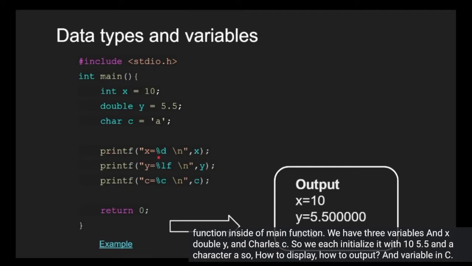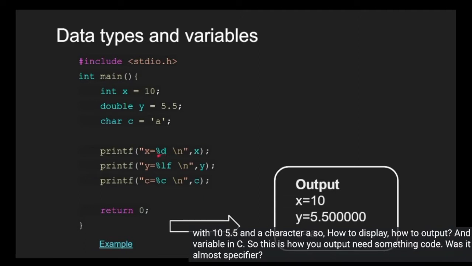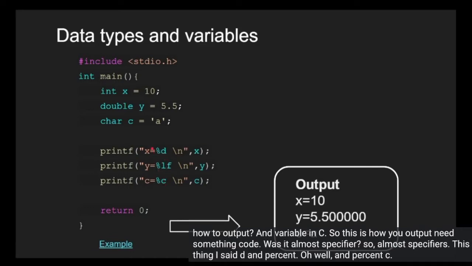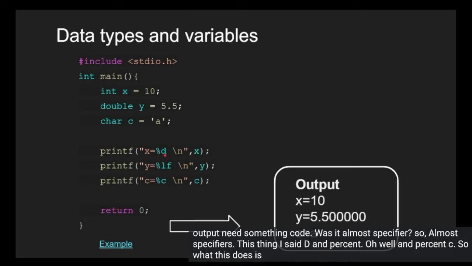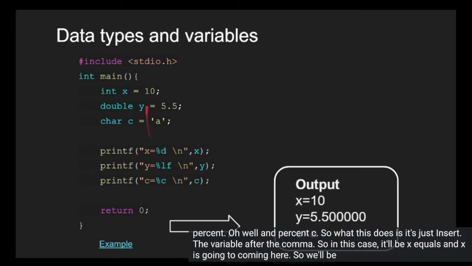This is how you output. You need something called a format specifier. The format specifiers are %d, %lf, and %c. What this does is it inserts the variable after the comma. In this case it will be x equals, and x is going to come in here, so it will print out x equals 10.